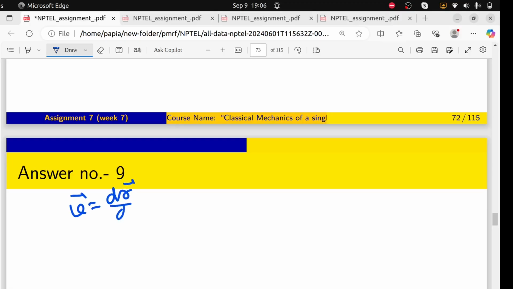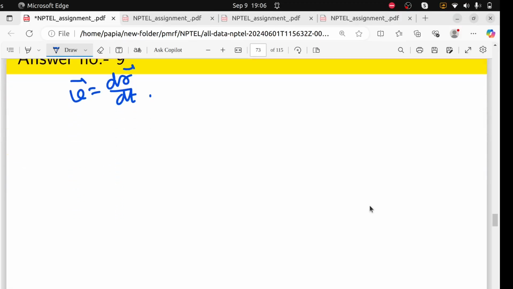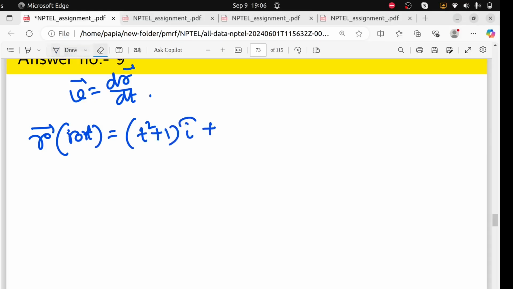Velocity is dr dt, we all know, but we have r in rotational frame, which is t square plus 1 i cap, minus 6t j cap, plus 4t square k cap. So this is in rotational frame.